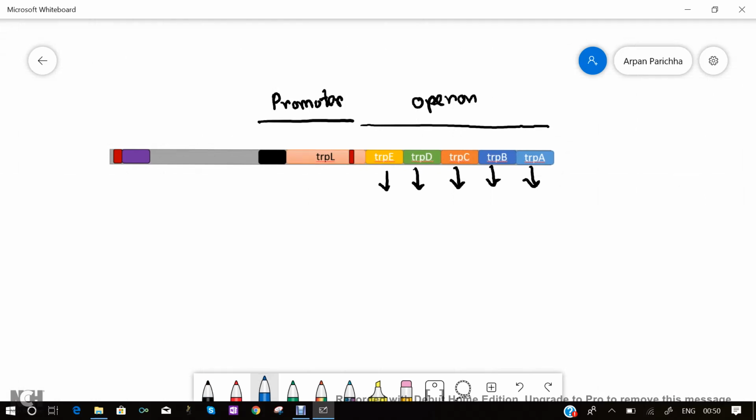So they give rise to specific enzymes, and all these 5 different enzymes are actually part of a biosynthetic cascade which converts chorismic acid. Now, chorismic acid is the raw material from which tryptophan is produced.